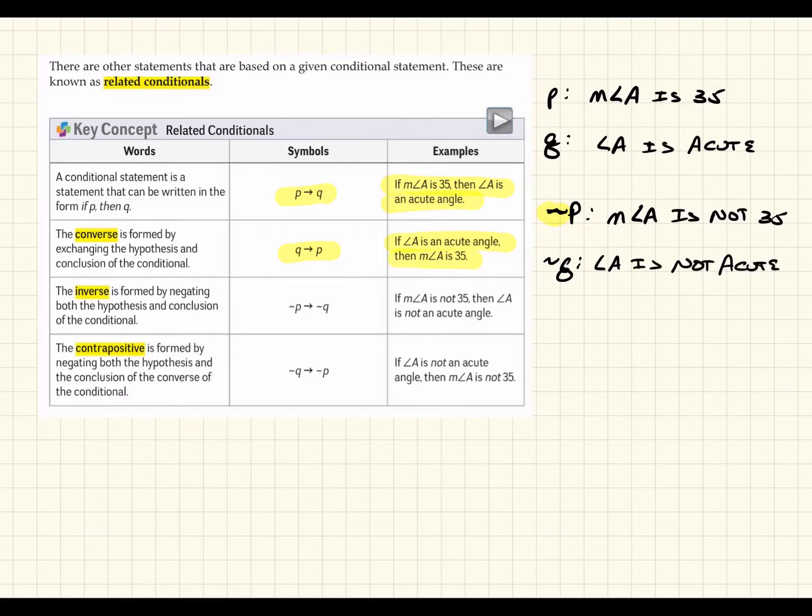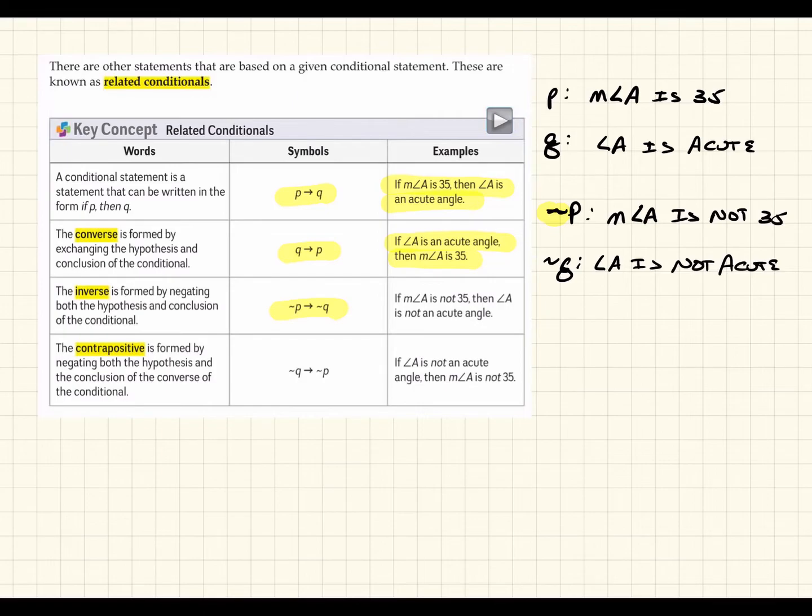So again, the inverse is formed by negating both the hypothesis and the conclusion. In this situation, we read this inverse as: if not P, then not Q. So if the measure of angle A is not 35, then angle A is not acute.